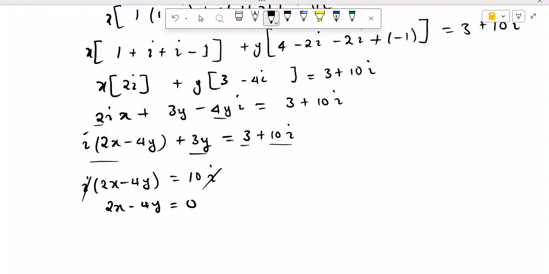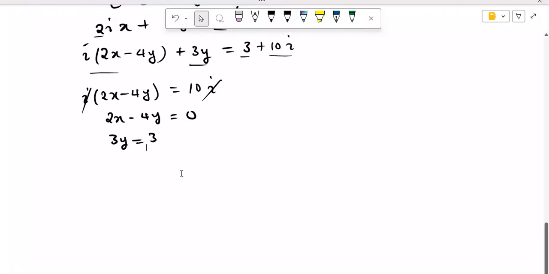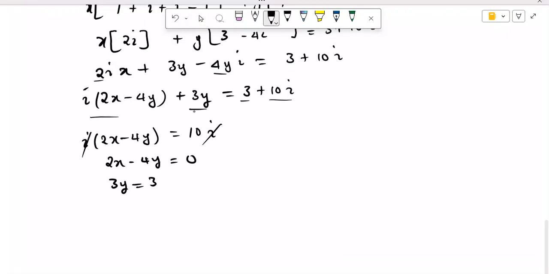Then the other equation, you have 3y equal to 3. Sorry, 10 here, 10. So this one you can solve directly. You can just divide by 3. y equal to 1. So you can solve this one now. You have 2x minus 4, y is 1, equal to 10.